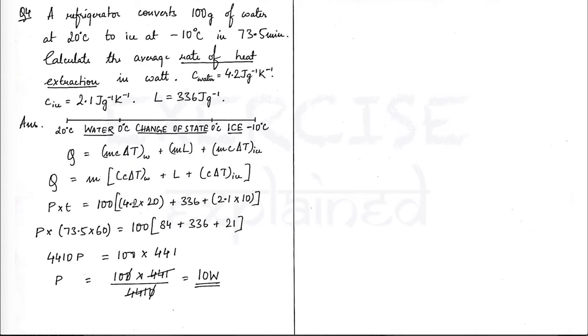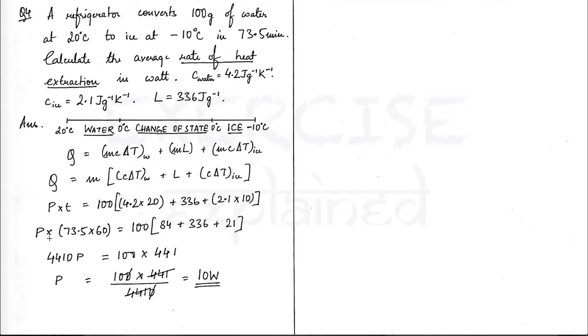Then 4.2 into 20, where 4.2 is the specific heat capacity, plus 336, that is the latent heat, plus specific heat capacity 2.1 into 10, which is the delta T for ice, because the ice is getting cooled down from 0 to minus 10, and this 20 is the delta T for water, because water is getting cooled down from 20 to 0.